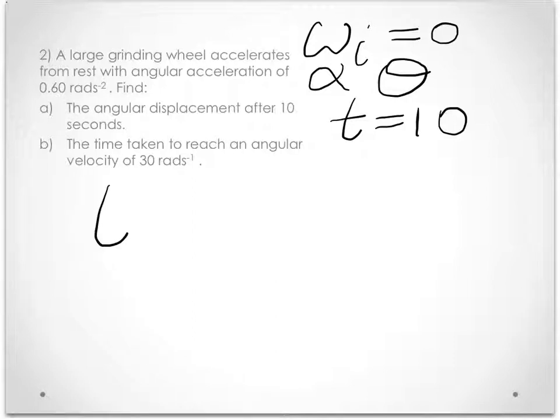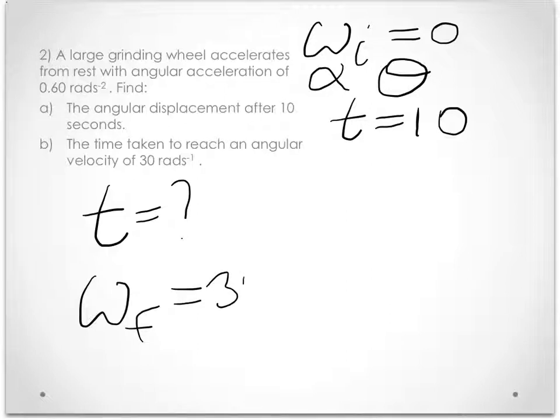So you need to find an equation that would help you do that, involving a final angular velocity, omega f, equal to 30 radians per second. Now you have a wealth of information here. You have the angular acceleration 0.60 radians per second squared.